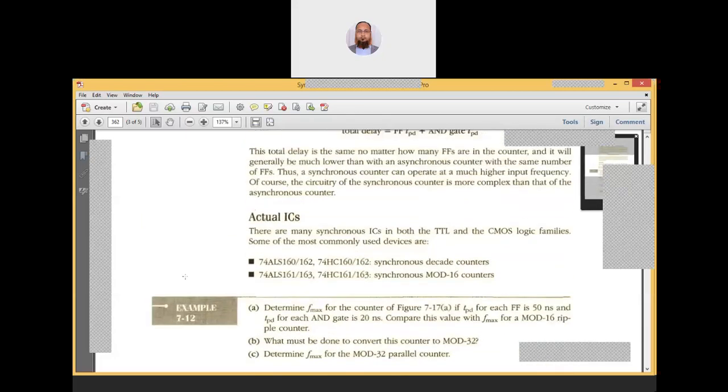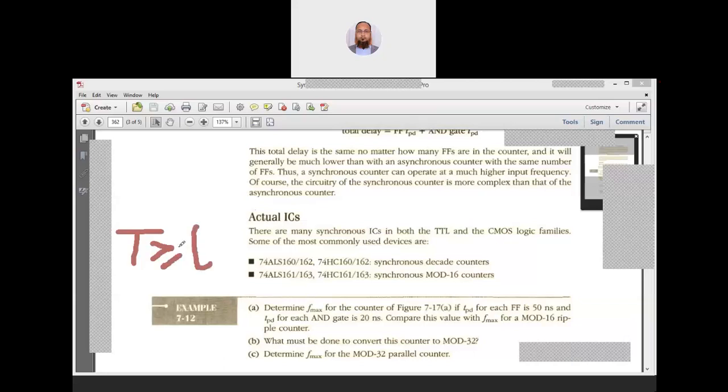So first of all, what we have been asked is the F max. You know that the time period of the clock should be greater than or equal to the total delay. What is the delay in this synchronous counter? T0 plus T1.